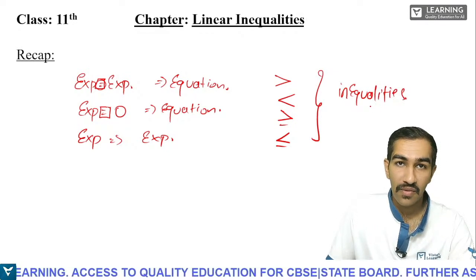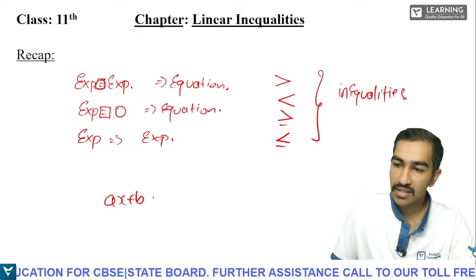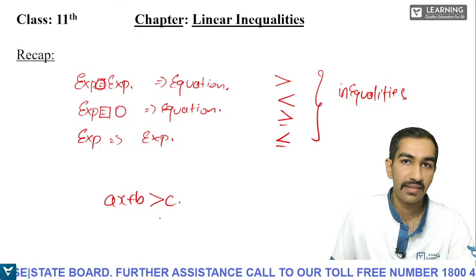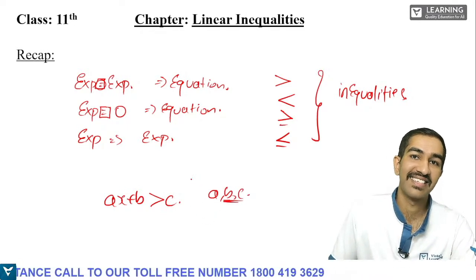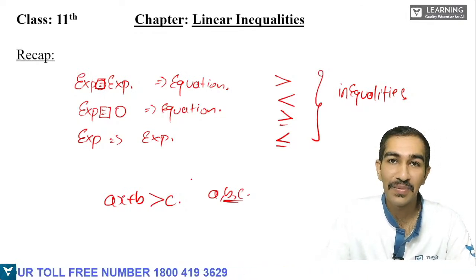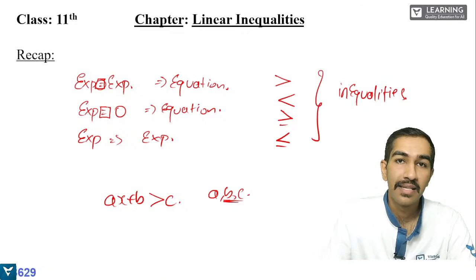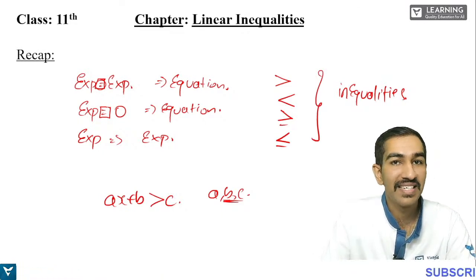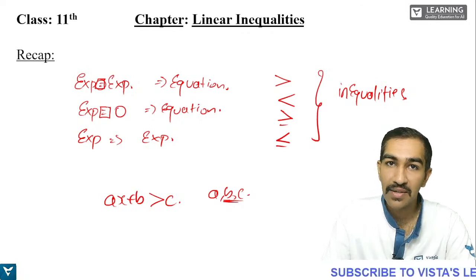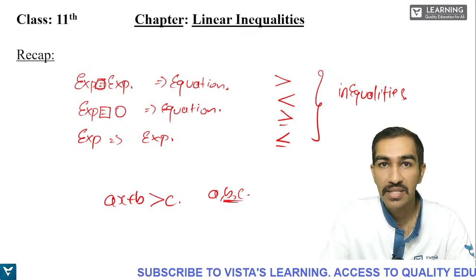An example of a linear inequality is ax plus b greater than c, where a, b, c are constants and x is a variable. What is the power of x here? The power of x is 1, the highest power is 1, so it is a linear inequality. Why are we calling it that? Because there is no equal to symbol; instead of equal to, a greater than symbol is there.